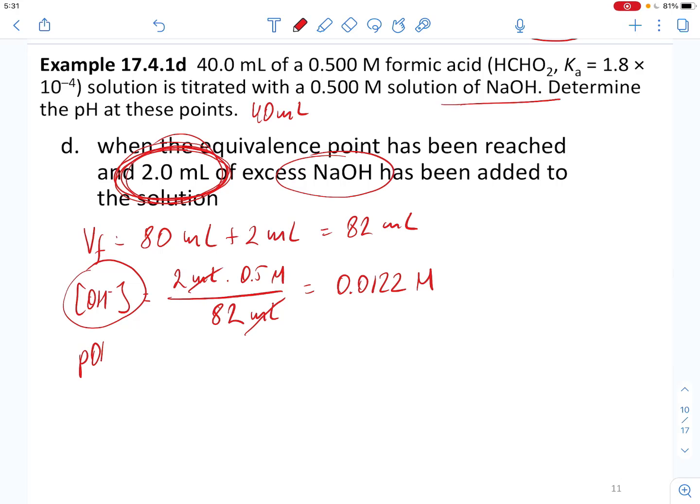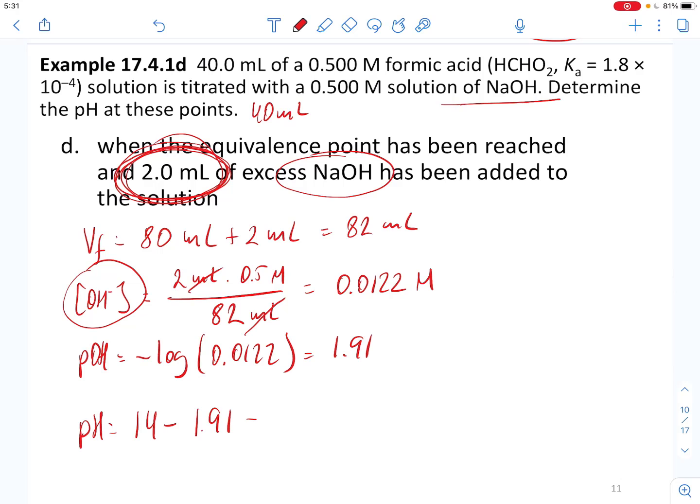Therefore your pOH is going to be equal to minus logarithm of 0.0122, and this is equal to 1.91, and your pH is going to be 14 minus 1.91, and this is equal to 12.09.